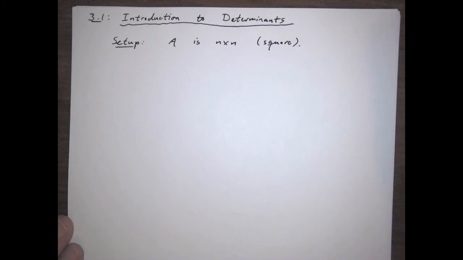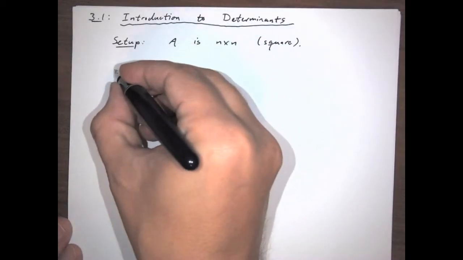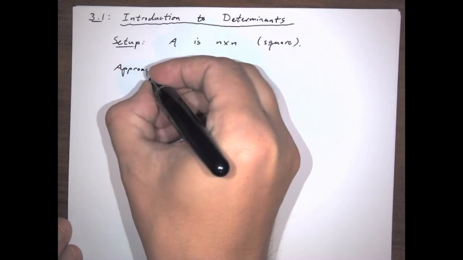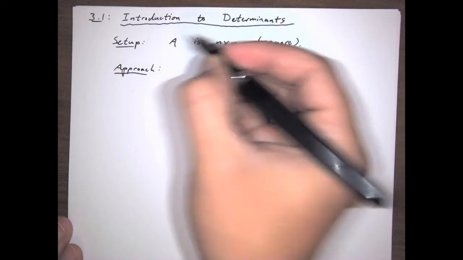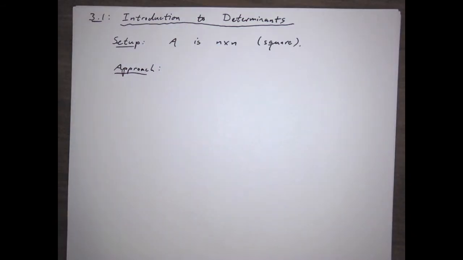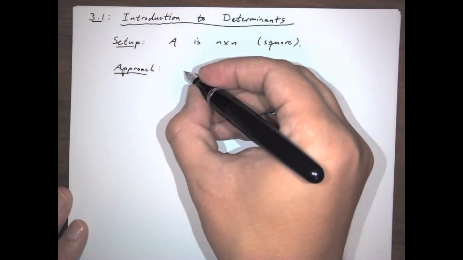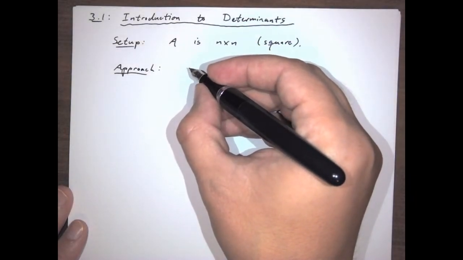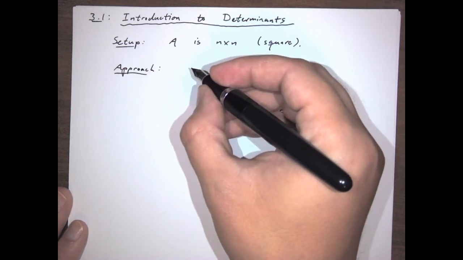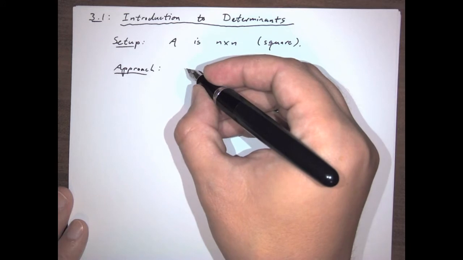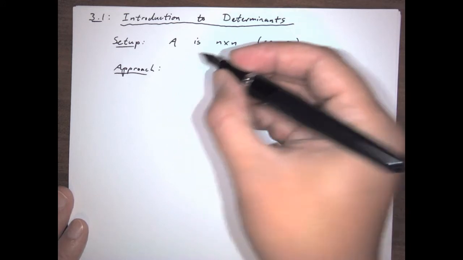Okay, so now our approach is going to be basically a recursive one. We're going to work our way from simpler matrices into more complicated ones. So what we're going to do is figure out how to find, or I'll just tell you how to find, the determinant for small matrices, and then we'll discuss how to extend that to bigger matrices.